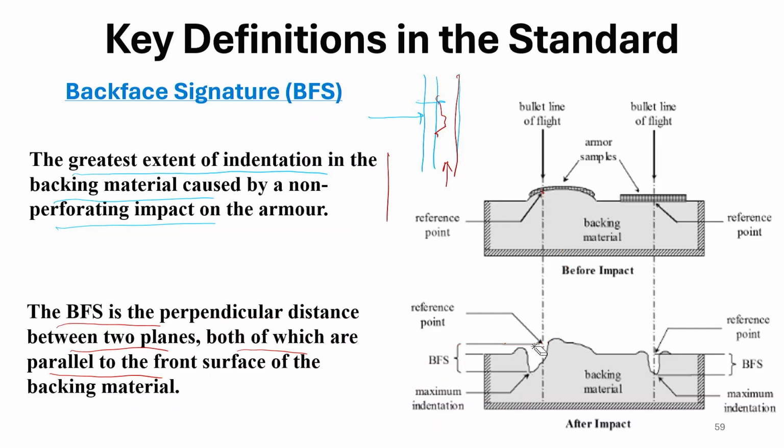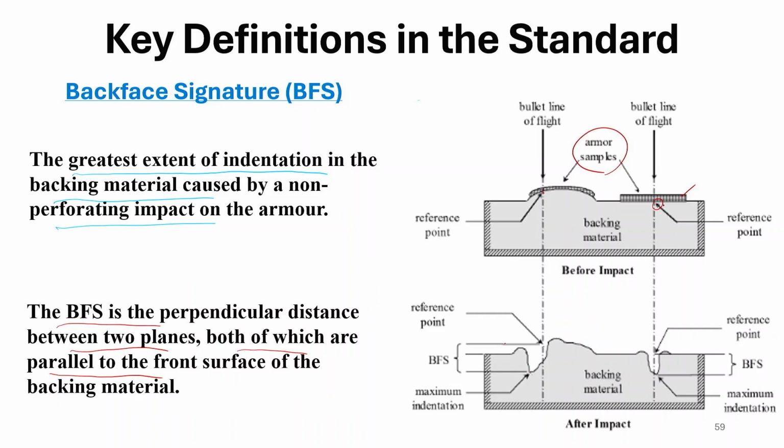Now, we can have this back face signature for both a flat portion and a curved portion. In a flat portion it is very simple: we take the reference point at the back side of the armor sample, or at the top side of the backing material.